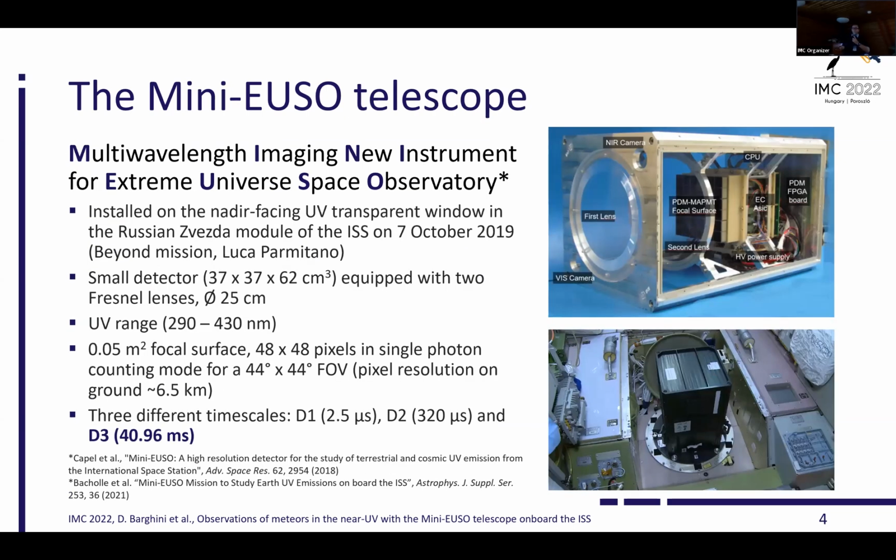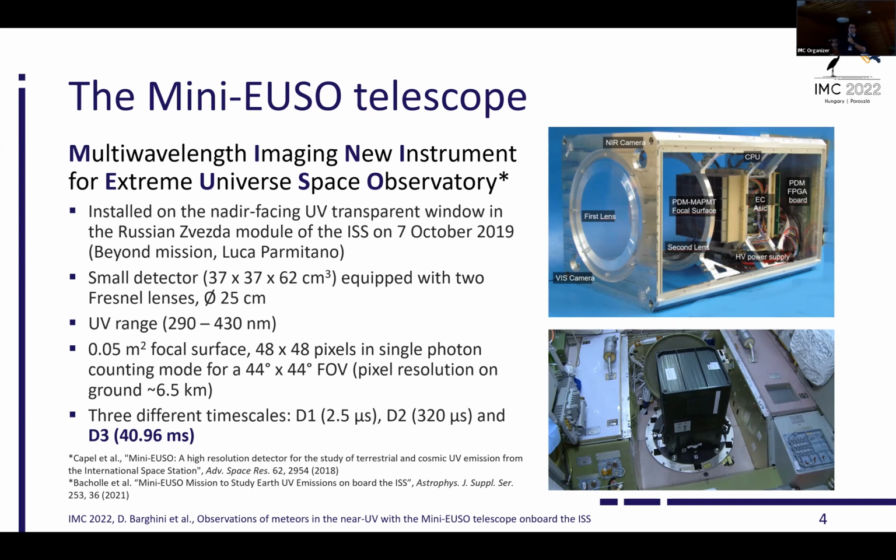And Mini-EUSO is a pathfinder mission. So Mini-EUSO is a multi-wavelength imaging new instrument for EUSO, the Extreme Universe Space Observatory, and it is the first instrument of the JEM-EUSO program which has been installed in the ISS.